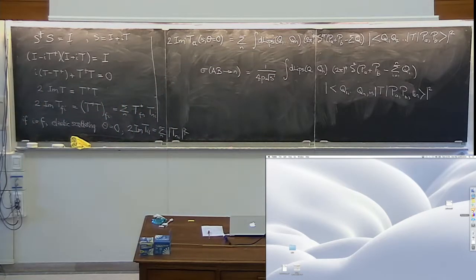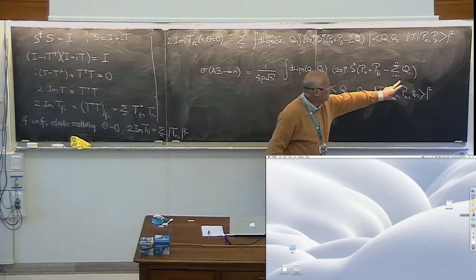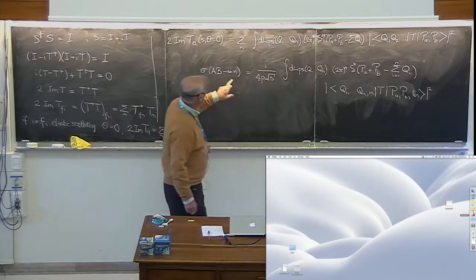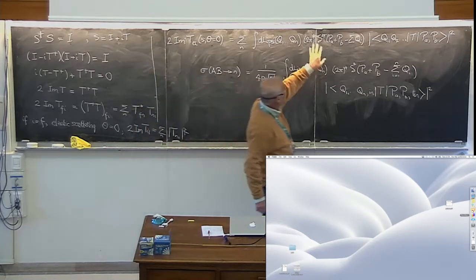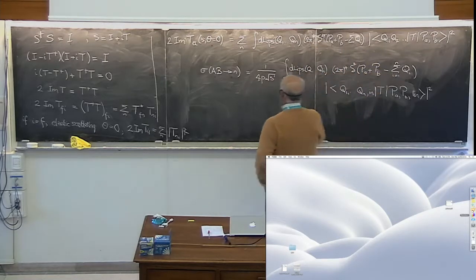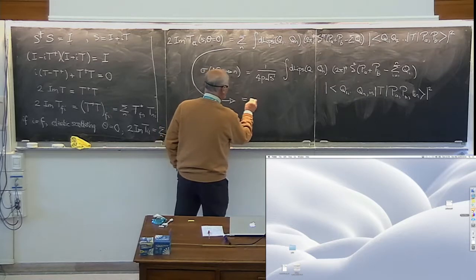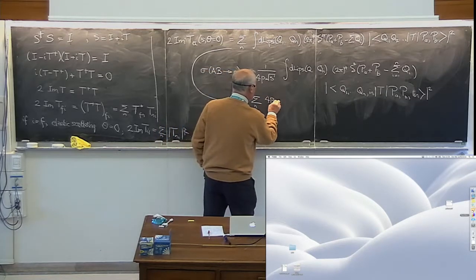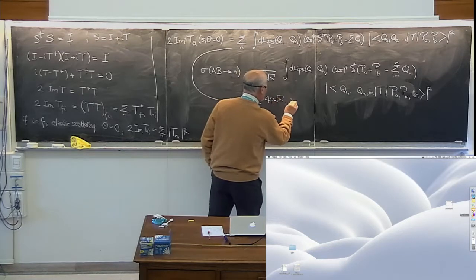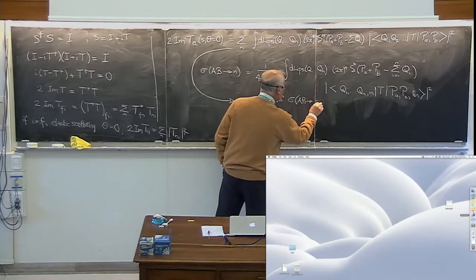But as you see from what is on the board, each of these is equal to the cross-section for AB to go to n. So all of this factor, using the equation that's on the board, is equal to the sum over n, 4p the square root of s, the cross-section for AB to go to n.